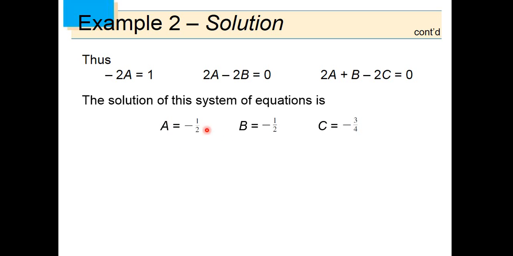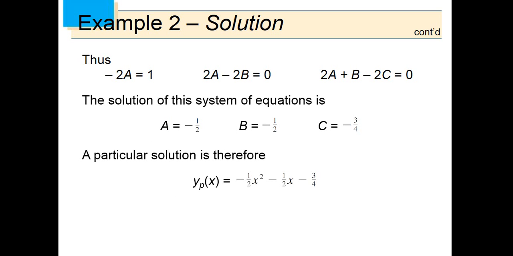So since you know already a, b, and c, you can substitute these undetermined coefficients in the original form of your particular solution. Now, your solution will comprise the yc and the yp.